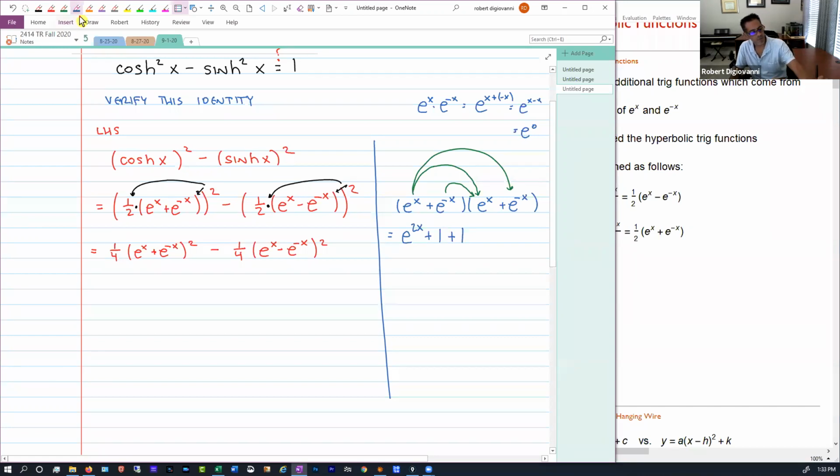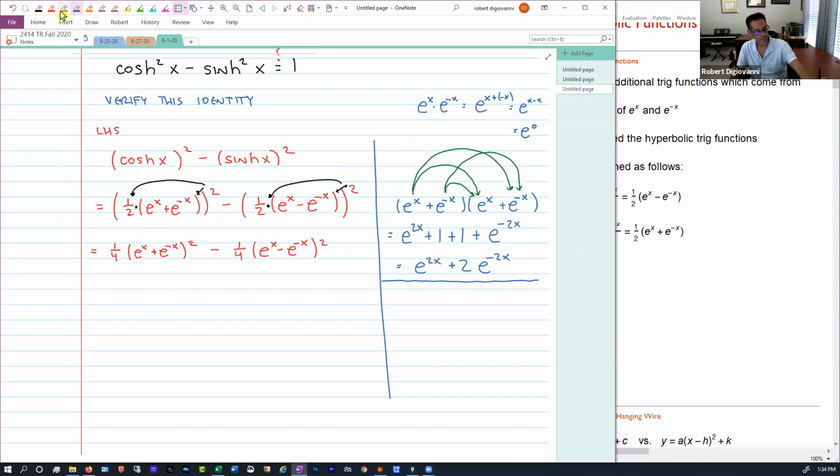And then we'll do one more. So this one, you add up the exponents. So negative x plus negative x, e to the negative 2x. Everyone buy that? So really, when we put these together, we get this. Okay, good.